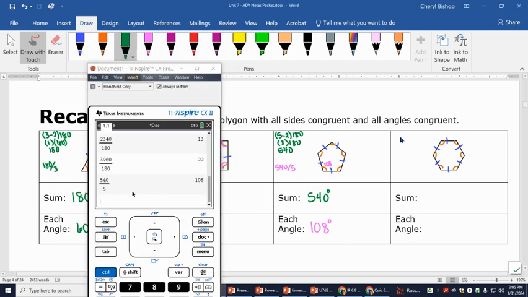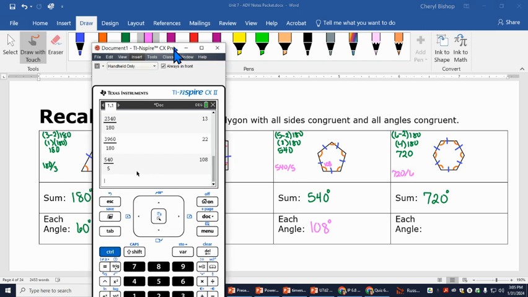I have 6 sides minus 2 times 180. We've already done this one today, a hexagon. We did it twice today already, 720 degrees. And so if I want to find out what each of these angles is, I can take that total and divide it into 6 equal angles.